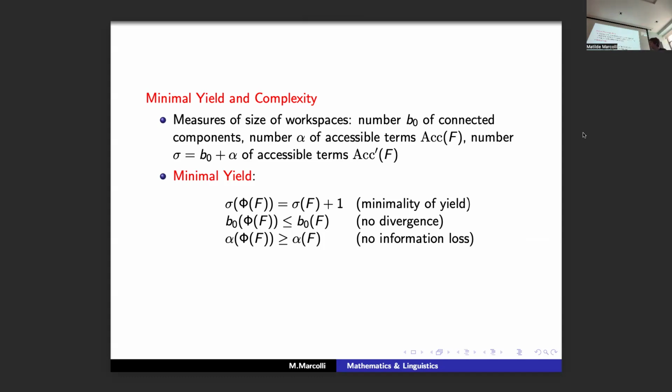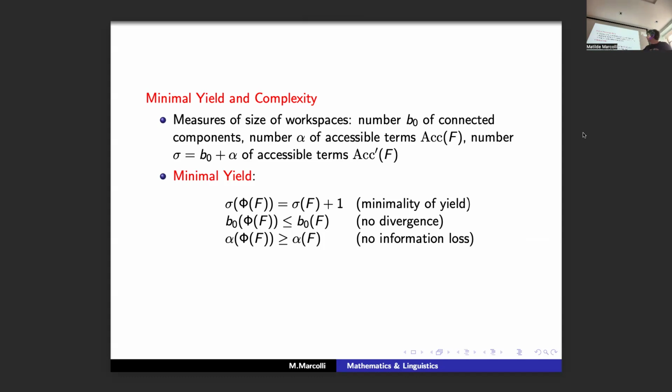And the other is that you want no loss of syntactic information, which in a sense means that the accessible terms should not disappear. So the number of accessible terms should not decrease. You can put these two constraints together: the number of components should not increase, and the number of accessible terms should not decrease.